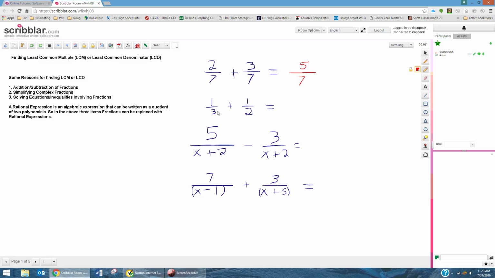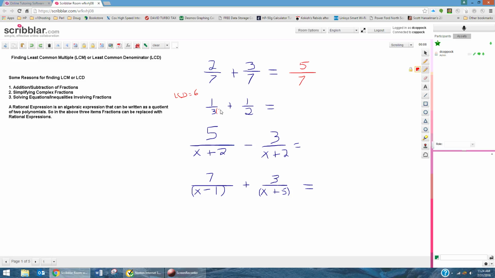And that's kind of obvious that 6 is going to be our LCD for this one. So we have to determine what is the multiplier that we need to multiply top and bottom of each fraction by to convert the denominator into a 6. And again, that's pretty easy to see.